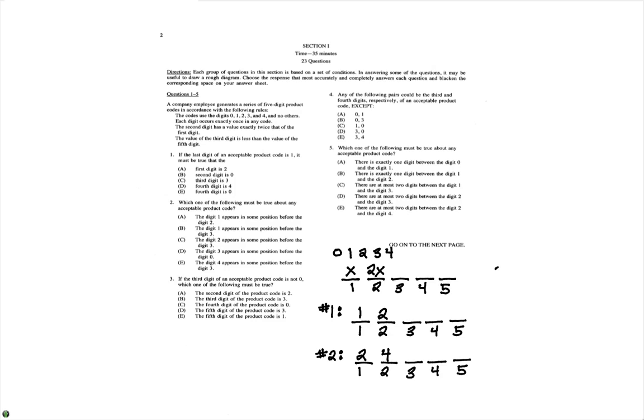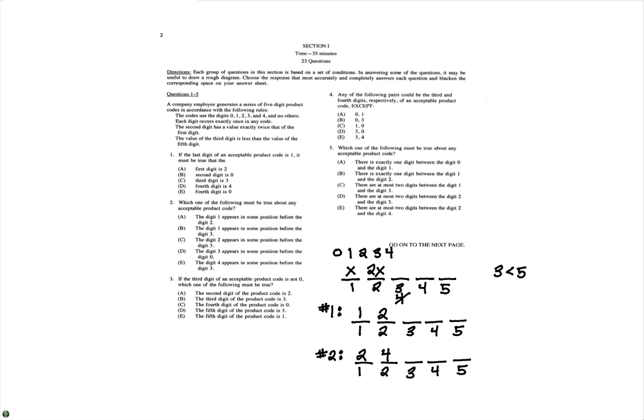Well, that rule allows us to conclude that 4 can't go third, because if 4 went third, what would go fifth? There is no number higher than 4.